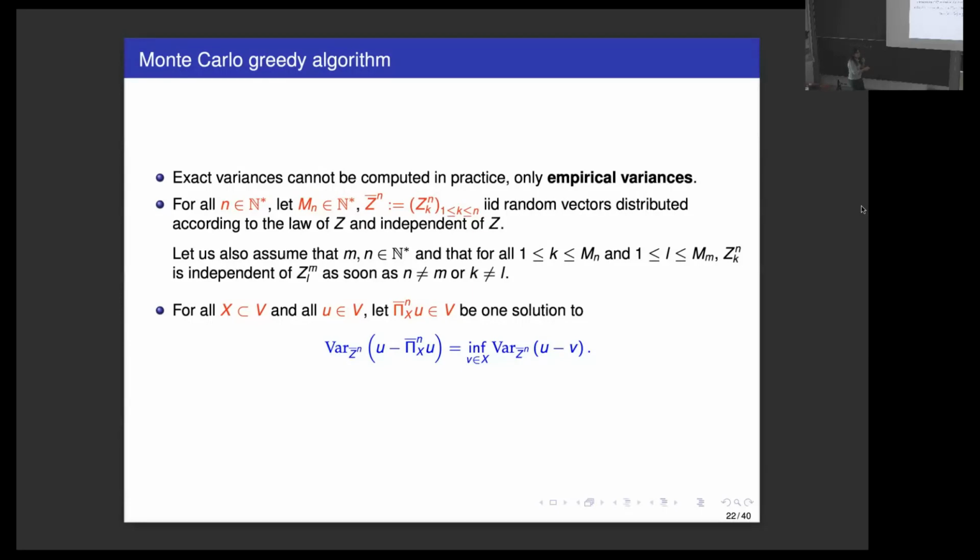This roughly plays the role of the orthogonal projection, except that here the exact variances are replaced by empirical variances associated to Z bar n. I have to say there is no guarantee a priori that such an element is unique, but there exists at least one.